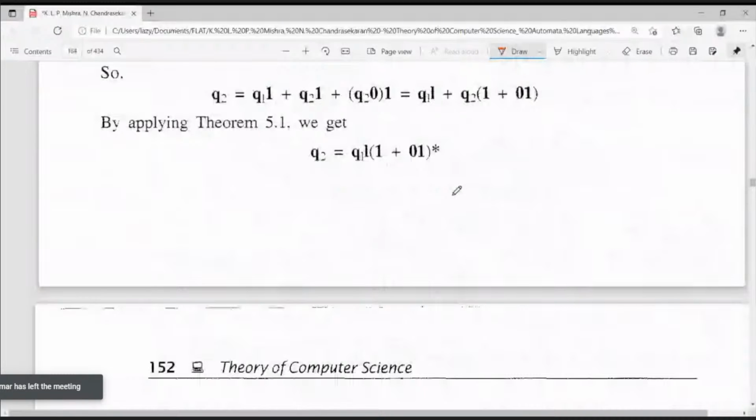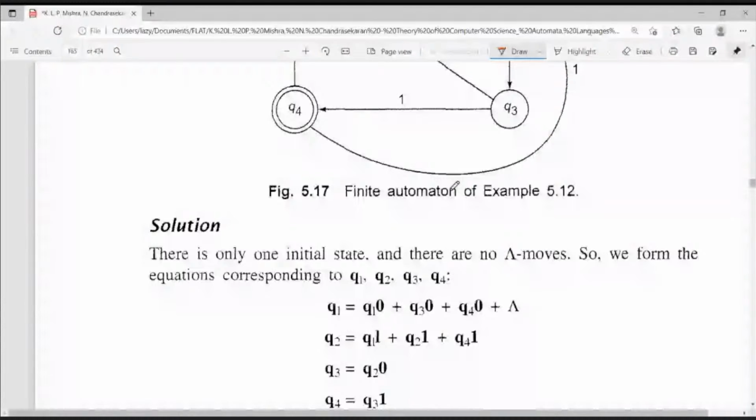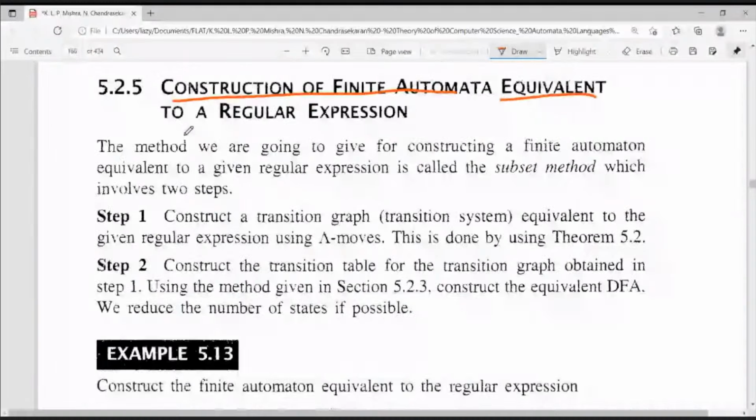Okay, so let's go through this. Construction of finite automata equivalent to a regular expression. This method is called the subset method. Here we have to construct a finite automaton given a regular expression.